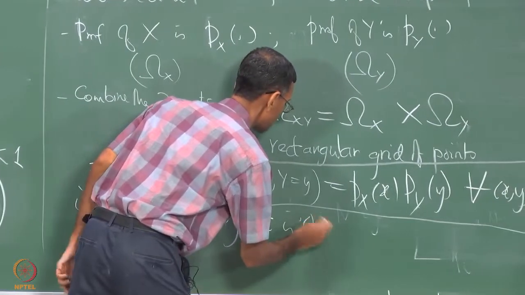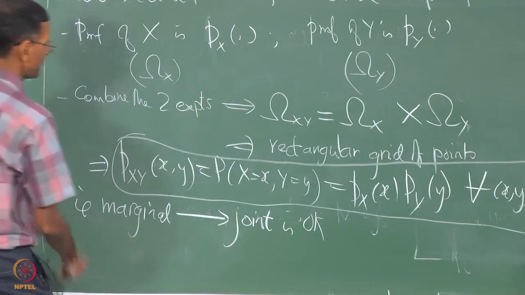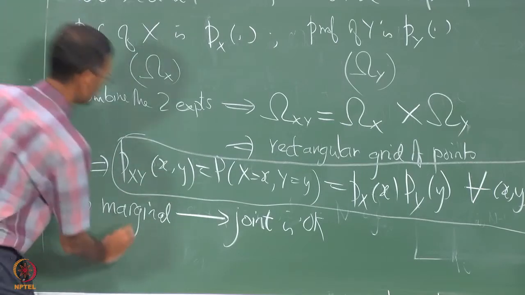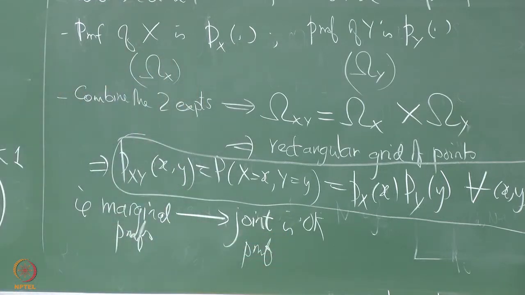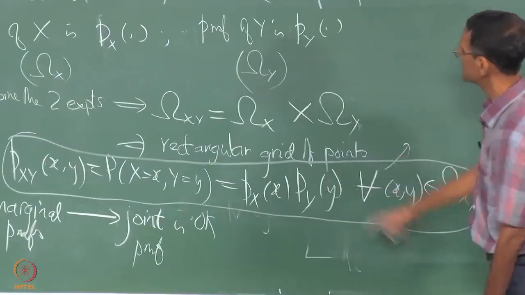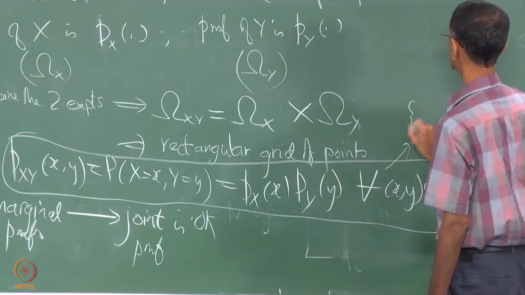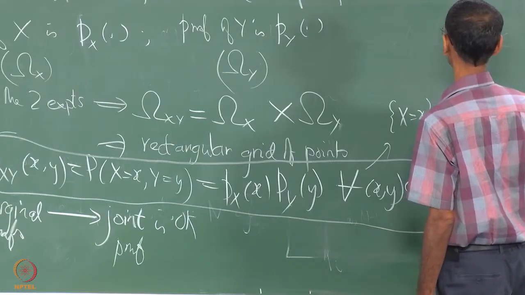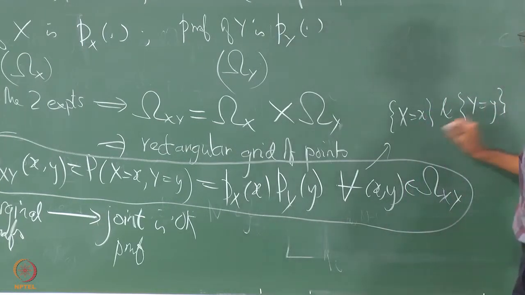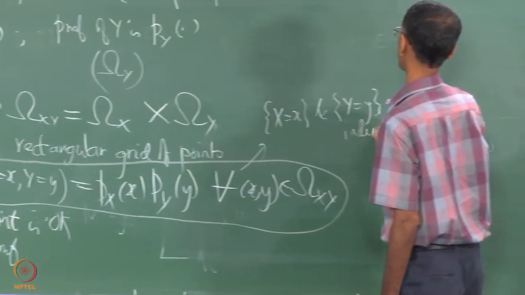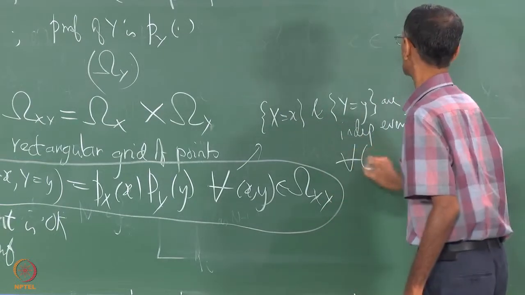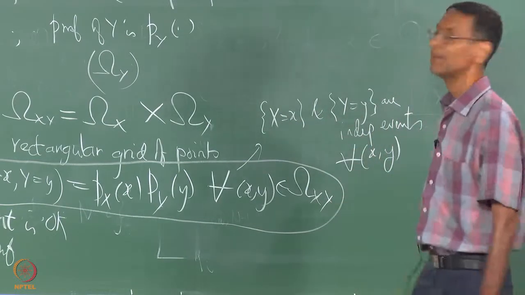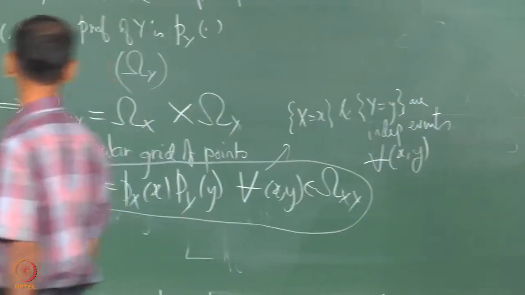This is doable, this is fine: the marginal PMFs and the joint PMF. So why do I get this once again? Because this equality comes because X equal to x and Y equal to y, again I write it because this is important, are independent events. Not just for some x and some y, but for all points x, y in omega XY, which is obvious.